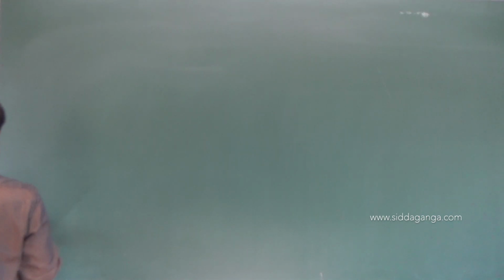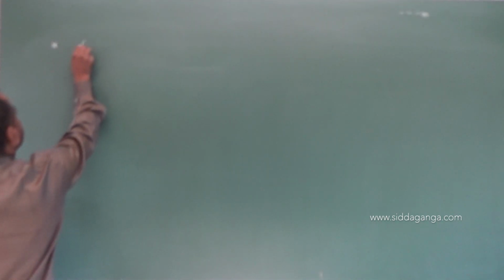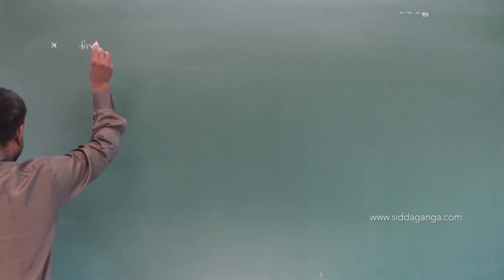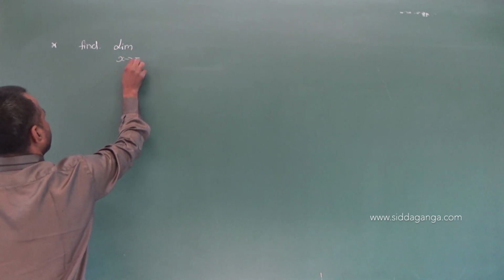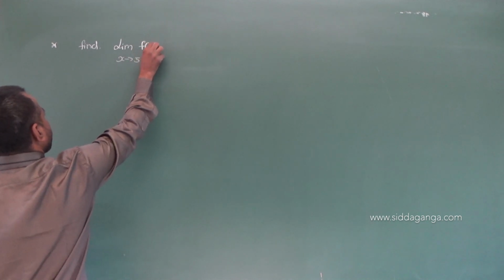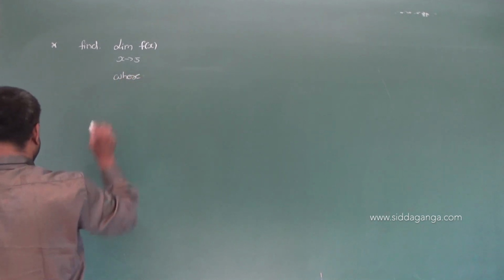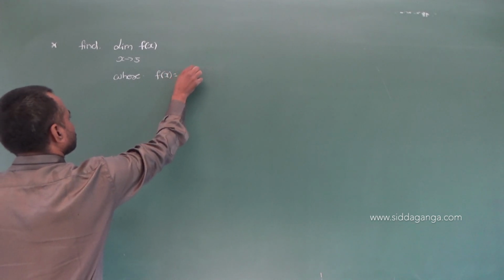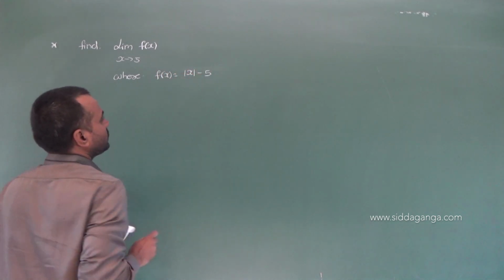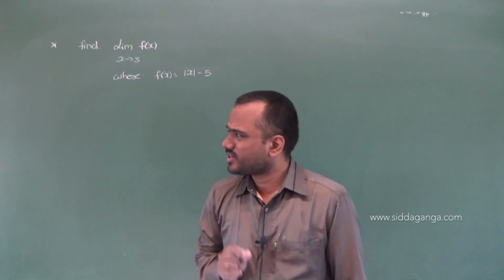Next problem. Find limit x tends to 5 of f of x, where f of x is equal to modulus of x minus 5.